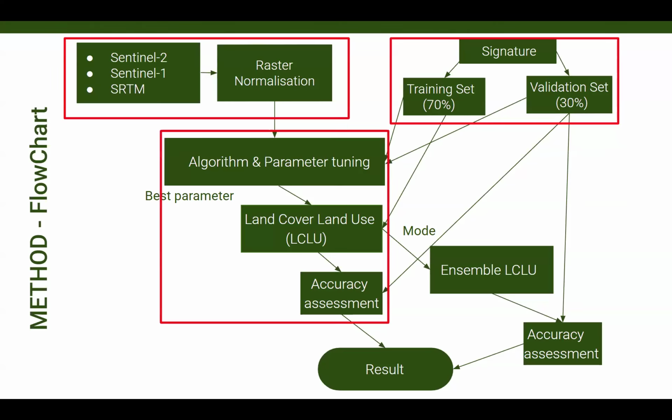After that I work on the algorithm part, where I tune the algorithm for the best parameters to get the best classification accuracy, and based on those best parameters I produce the result and accuracy matrix for each algorithm type.